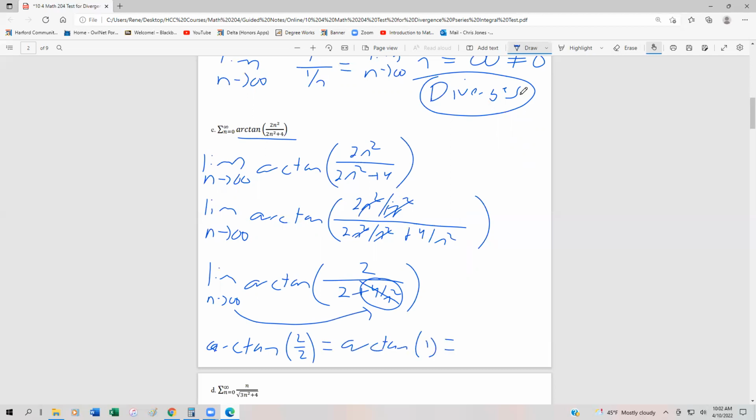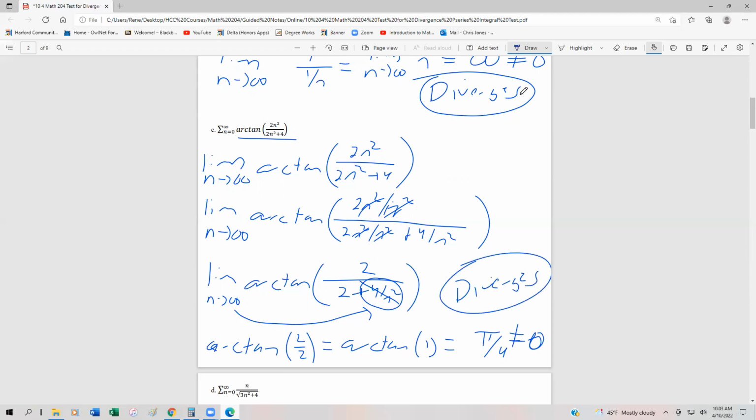By this point, we should really know what all of our arctangents and arcsines are at special values. This is equal to pi fourths. And last time I checked, pi fourths is not the same as 0. And so once again, we can see that the series diverges.